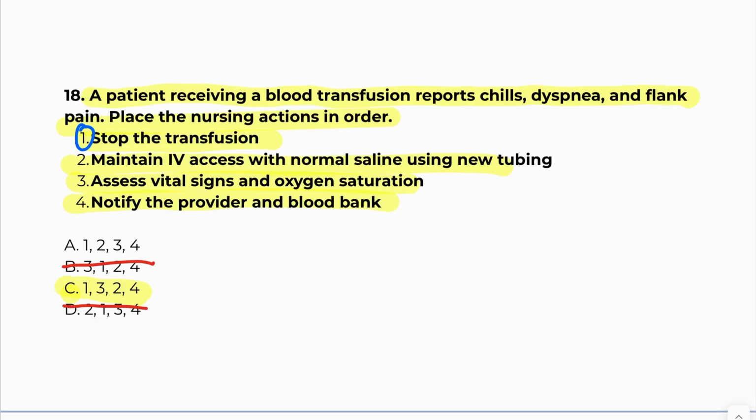When you go to the patient's room and you see this, the first thing you do is stop the transfusion. The next thing you usually do is start assessing the patient. You take the vital signs, monitor oxygen saturation, then change the IV tubing and then call the provider and the lab. Not the other way around, right? So letter C is the correct answer.